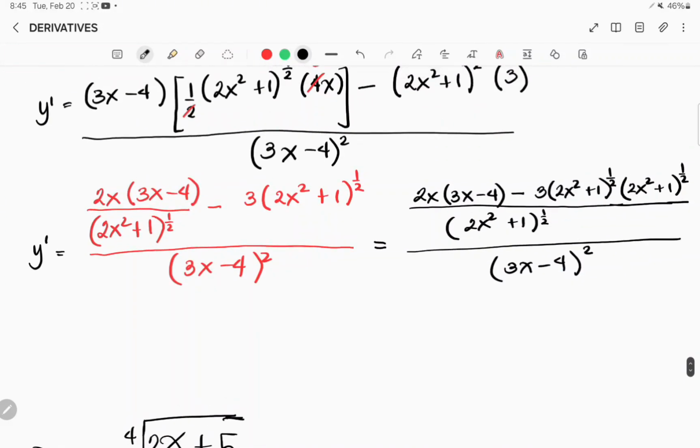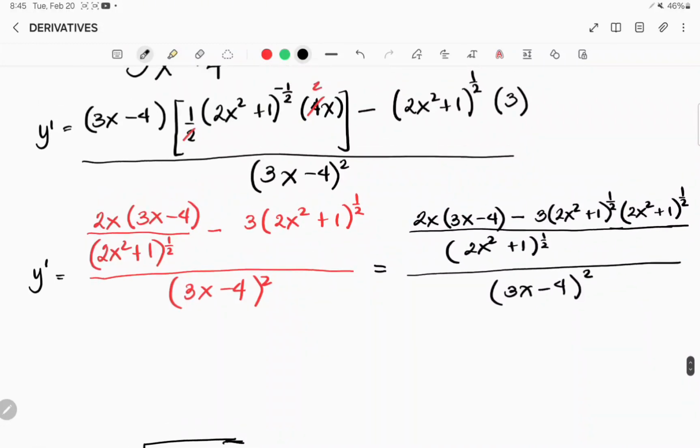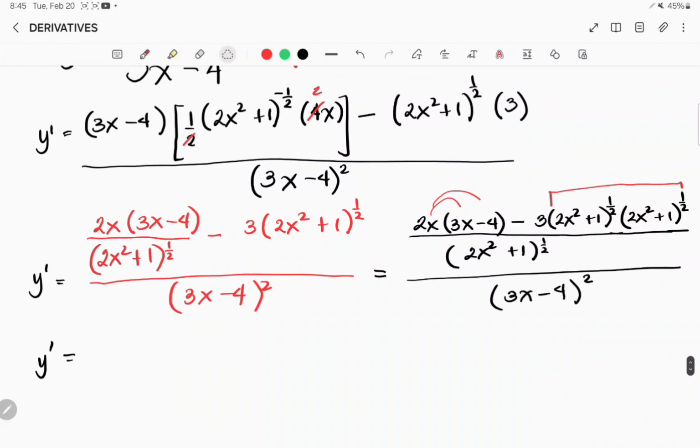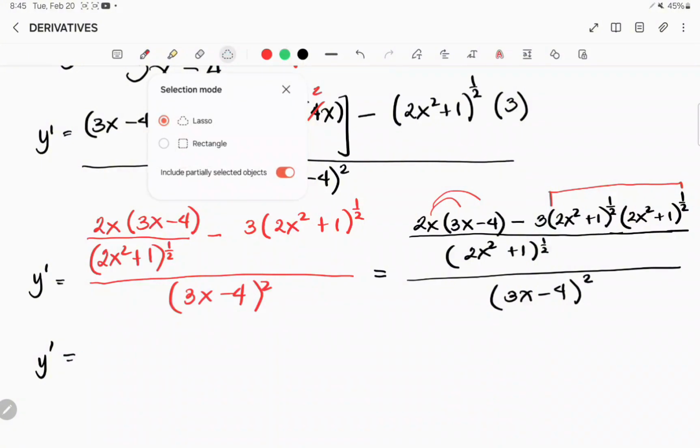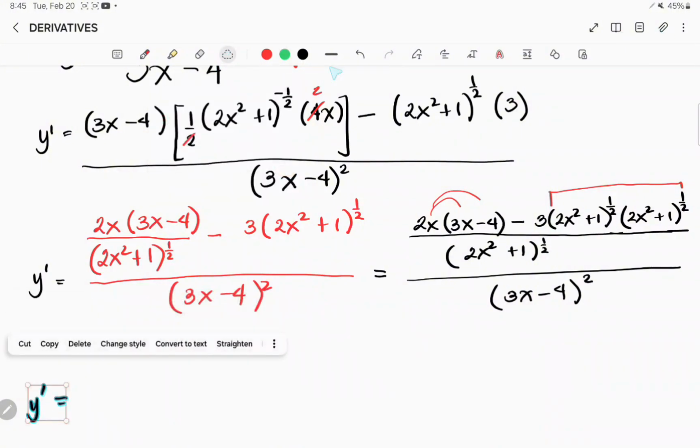So furthermore, we have to distribute this and simplify these quantities. So the numerator of the numerator will become 6x squared minus 8x minus 3.